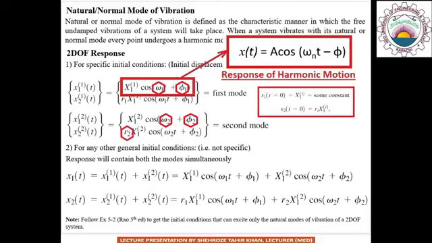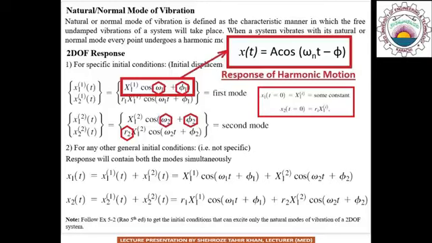Also, i denotes the number of the mode of vibration, that is, for the first mode of vibration i is equal to 1, and for the second mode of vibration i is equal to 2.